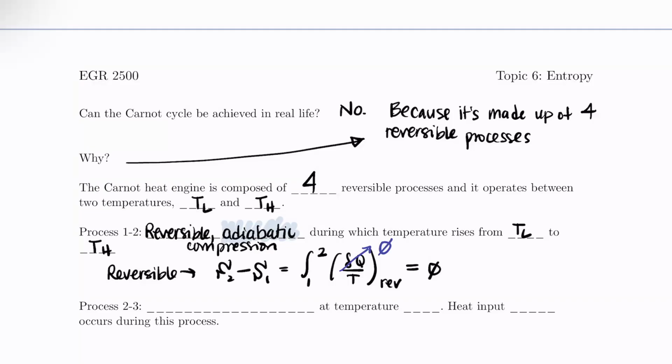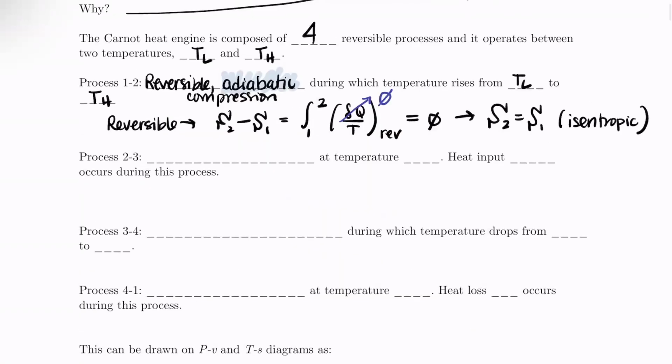So for our process from 1 to 2, S2 is equal to S1. So this is an isentropic process.